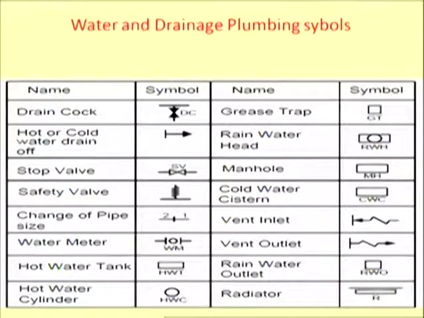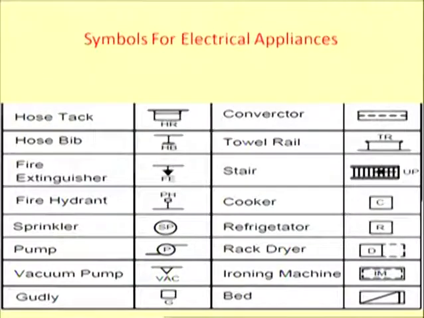Similarly, for electrification and electrical appliances, these different symbols are used. Otherwise, for the whole photograph of the refrigerator or the ironing machine or this pump, we cannot draw the complete figure of that. Instead, we have a simpler symbol.